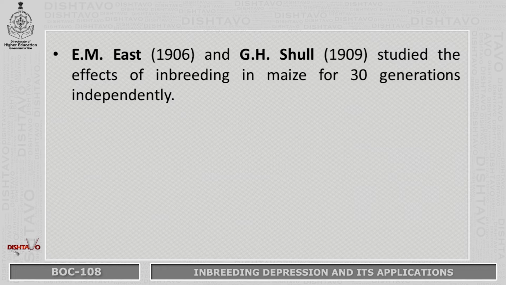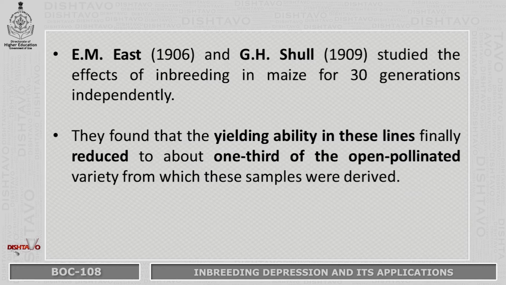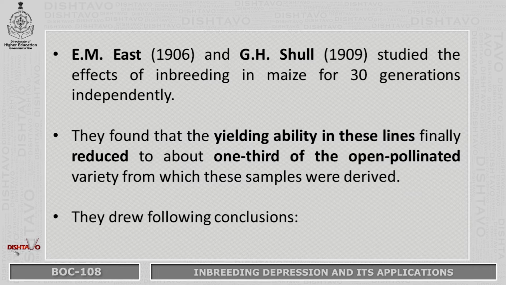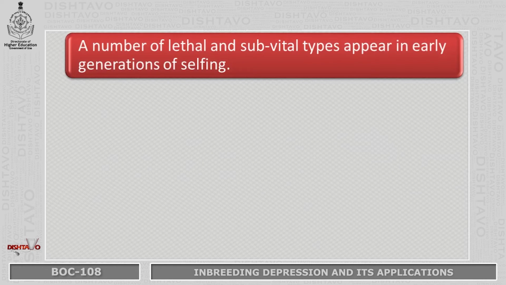Other scientists like E.M. East in 1906 and G.H. Shull in 1909 studied the effects of inbreeding in maize for 30 generations independently. They found that the yielding ability in these lines finally reduced to 1/3 of the open pollinated variety from which these samples were derived. They drew the following conclusions. A number of lethal and subvital types appear in early generations of selfing.